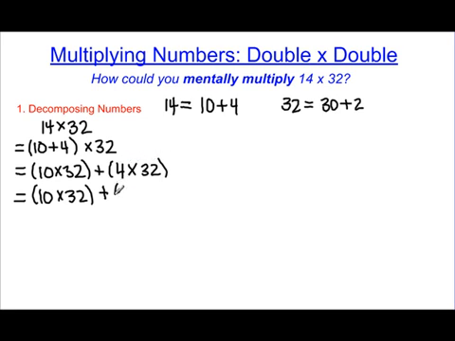So this is where I'm going to introduce another decomposition. And this time I'm going to decompose 32. So I'm going to introduce a big bracket within my bracket. It's a legal move. It is allowed. And I'm going to break down or decompose 32 into 30 plus 2.